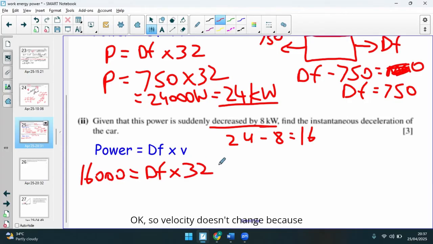Velocity doesn't change because it's constant. So if the power is decreasing, then obviously the force applied has decreased. So here the driving force will be 16,000 divided by 32, which gives you 500.